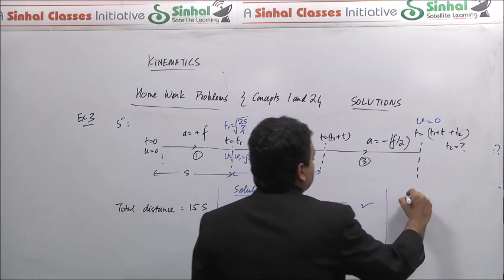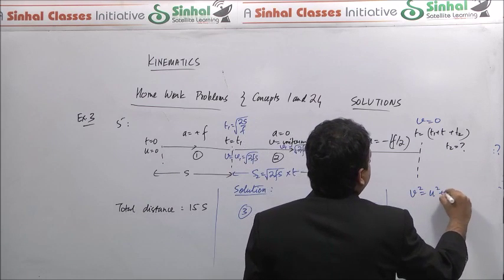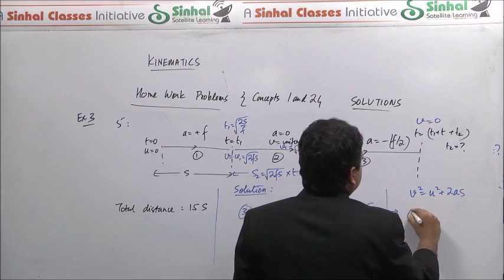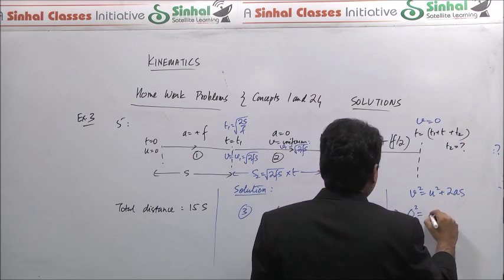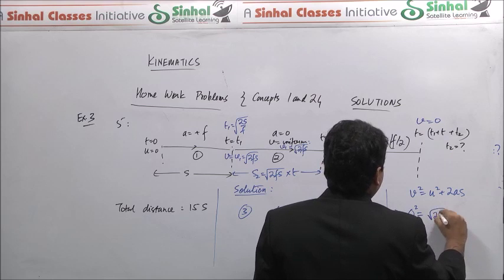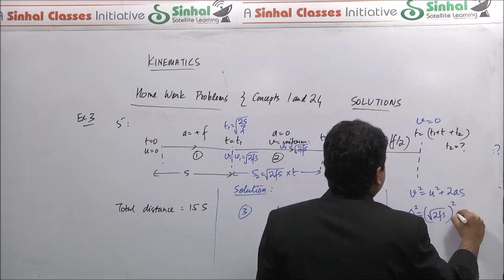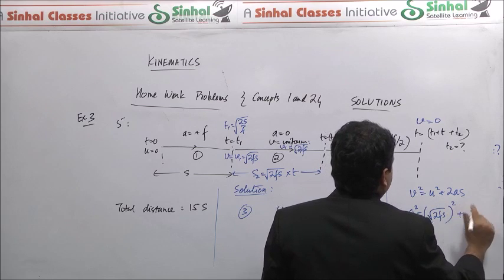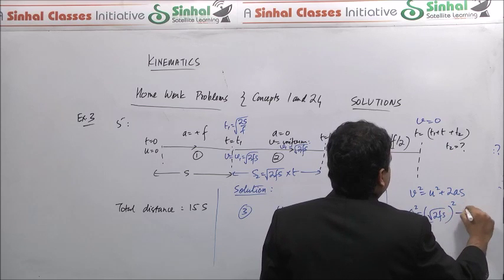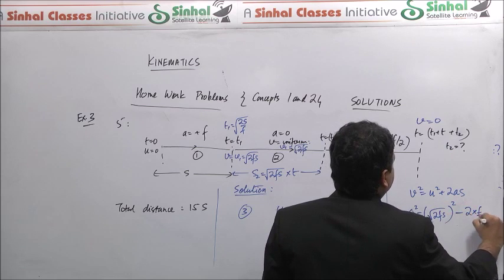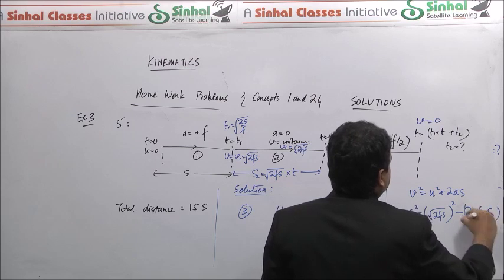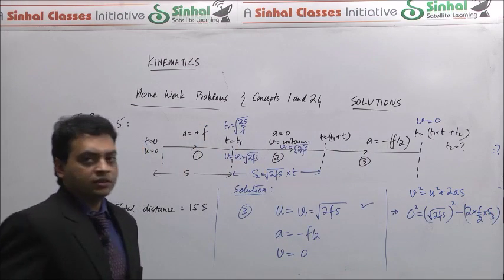So using the relation that v square is equal to u square plus 2as, we can see that 0 is equal to the square root of 2fs whole square minus 2 into f by 2 into s3, let's say. This equation will help us find the value of s3.